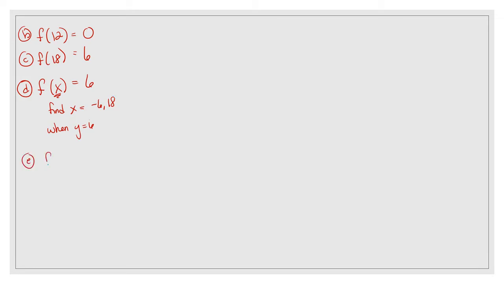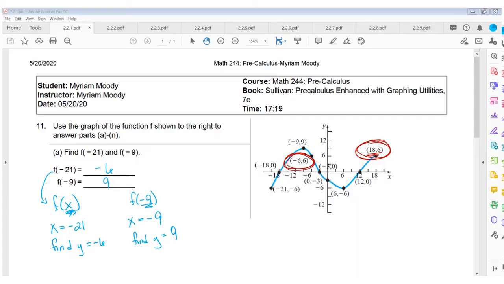Okay, got another one for you. What about f of x being greater than 0? F of x being greater than 0. Okay, take a look. F of x being greater than 0. That means x needs to be what kind of number?